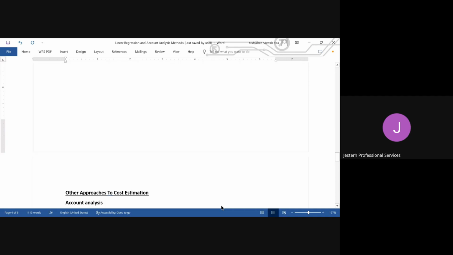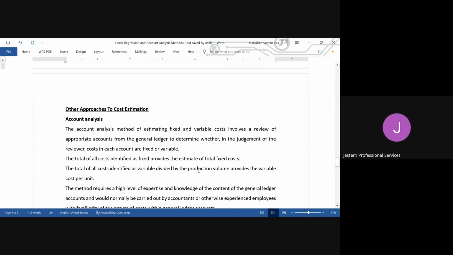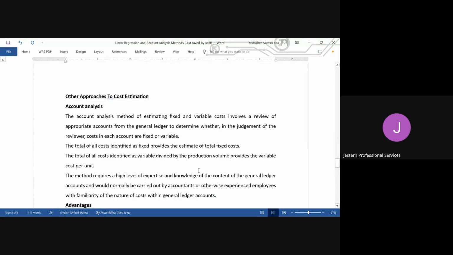in accounting, we are trying to use statistical tools to determine our cost functions. What if, as a cost accountant or as a management accountant, they give you some costs, and then they expect you to be able to break it down using your knowledge as a management accountant.